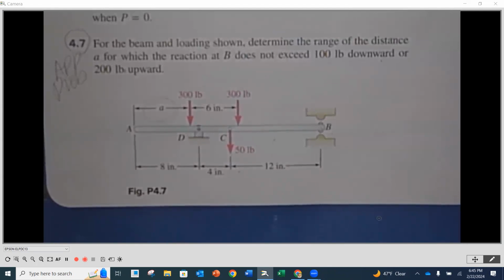So this is probably the most important. You're going to put a Dx and a Dy at D because there's still that very same support. The numbers will be different though, because B changed.